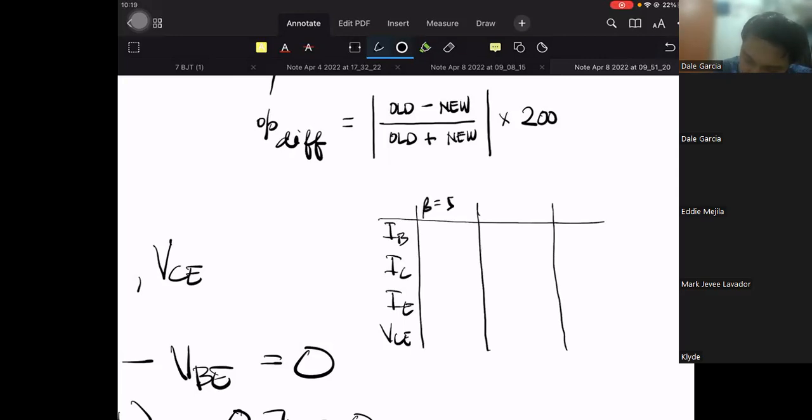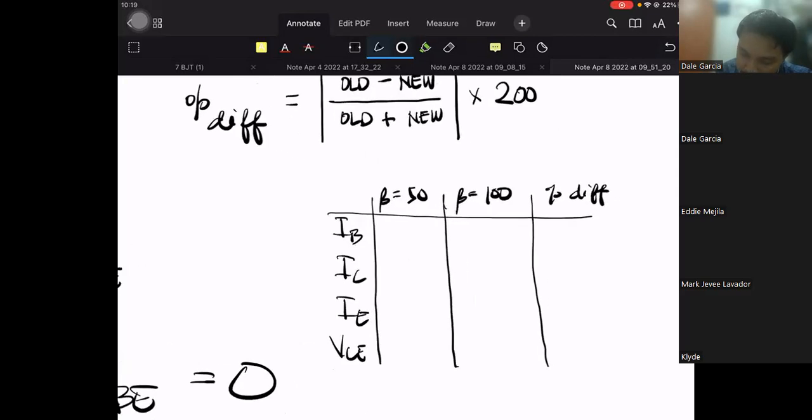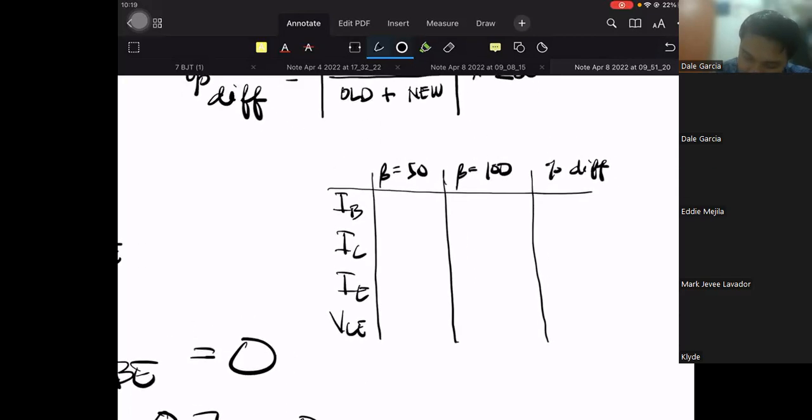Beta equals 50, beta equals 100, and percentage difference. The same for VCE for sure, so I'm sure its percent difference is 0. So try to fill in all the others.